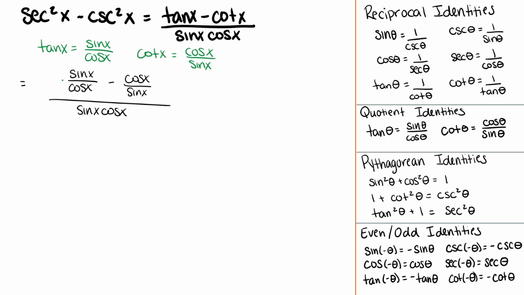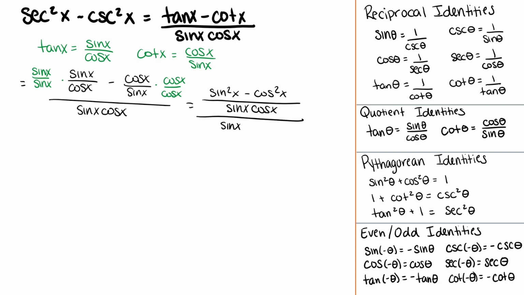So we'll multiply our left one by sine x over sine x and our right one by cosine x over cosine x. That's going to give us sine squared x minus cosine squared x all over sine x cosine x, which is all over sine x cosine x. Let's do our keep change flip.